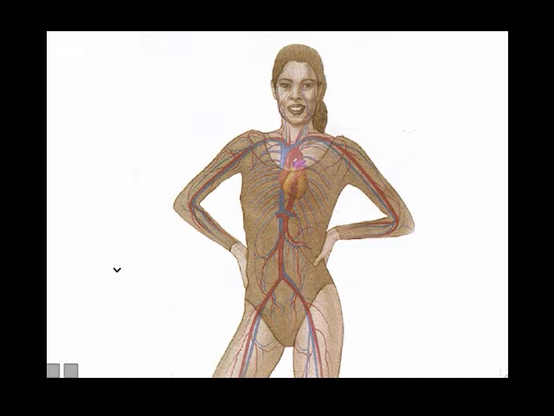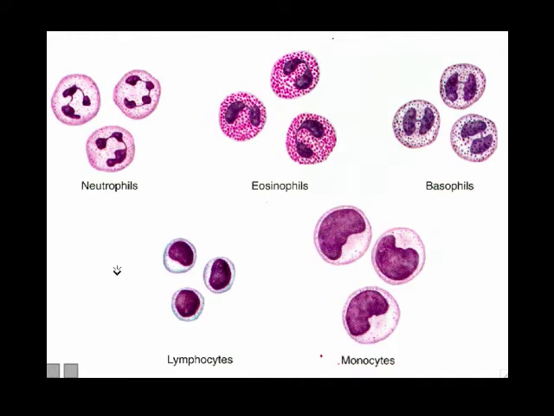So starting now, I do want you to know the names of these 5 major types of white blood cells. Here they are: neutrophils, eosinophils, basophils, monocytes, and lymphocytes. And here's a picture of them. So yes, I do want you to memorize the names of these 5 types of white blood cells.